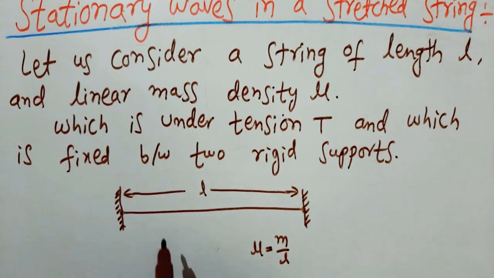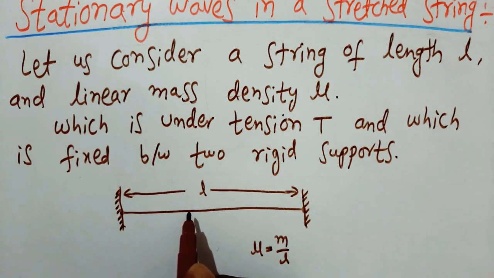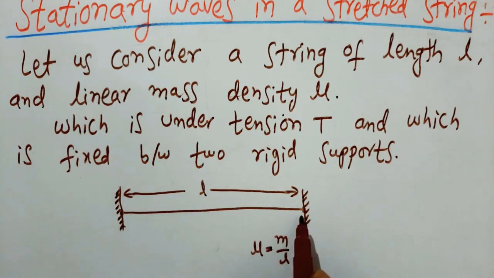Here a stationary wave is produced due to the superposition of waves. Since the string is fixed, nodes are obtained at its ends.